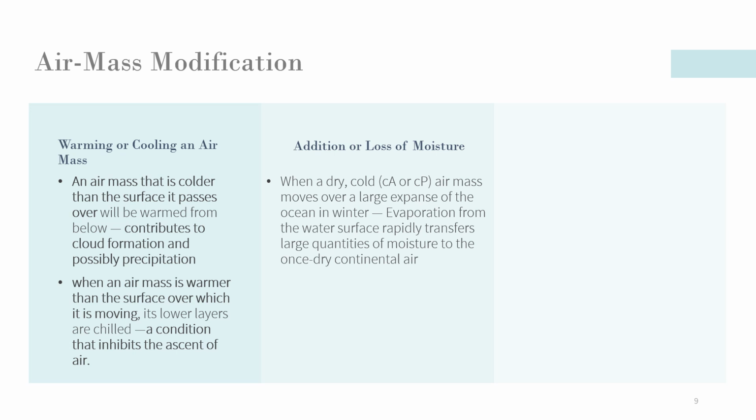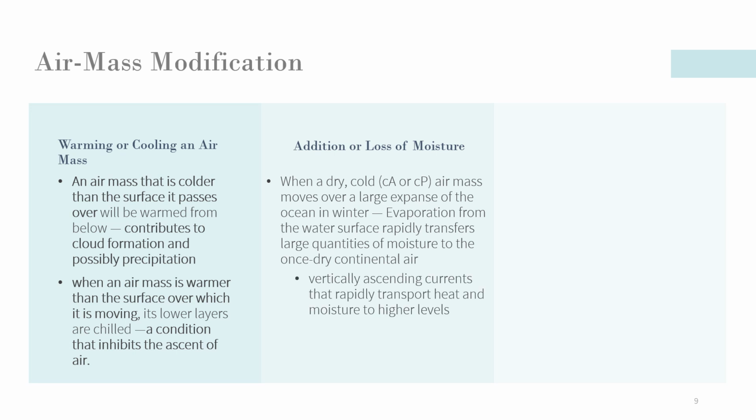So when this dry, cold air mass from the continent traverses the ocean, there is evaporation from the water surface. This rapidly transfers large quantities of moisture to this once dry continental air, because the underlying water is warmer than the air above, so the air is also heated from below.